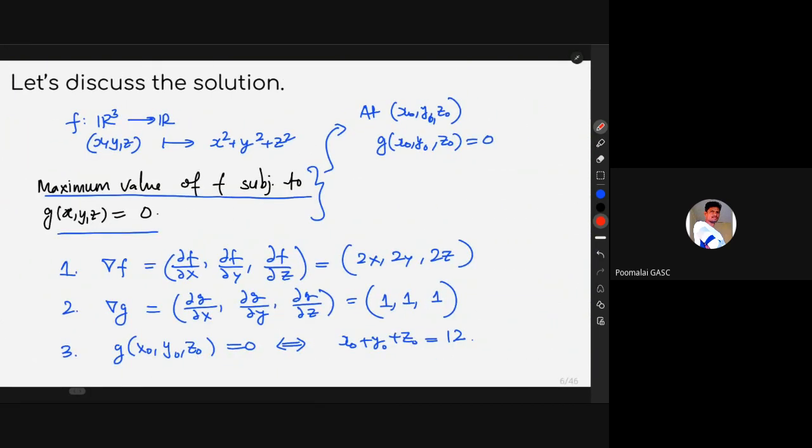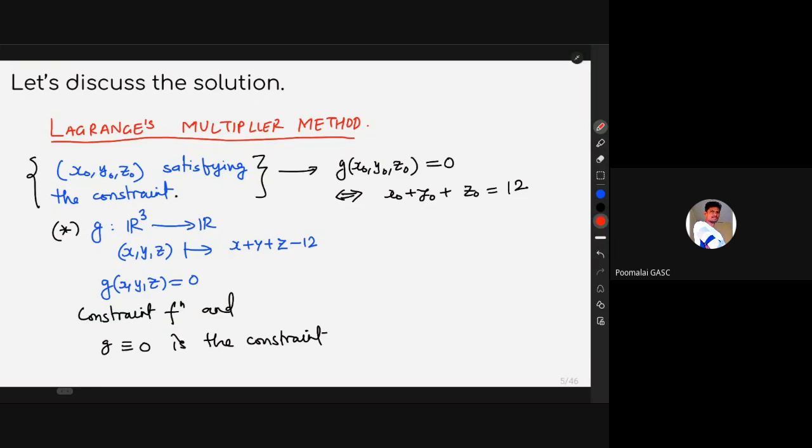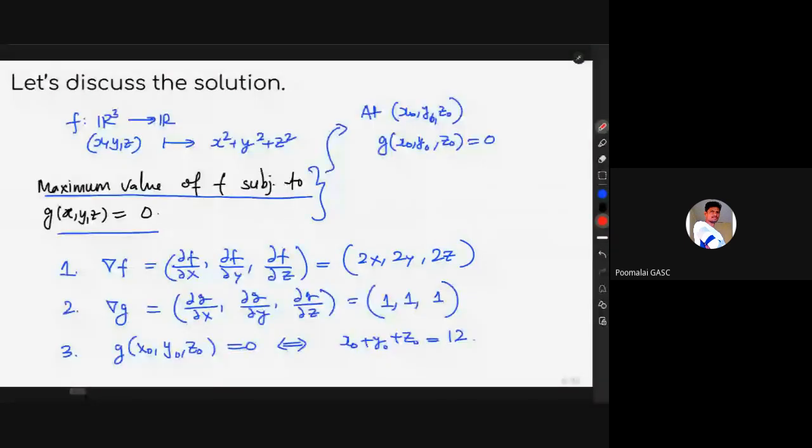Now we follow these 4 steps. First I find out the gradient of f, then I find out the gradient of g. Third step is, if my function attains maximum at x naught, y naught, z naught, then by the assumption that it needs to satisfy the constraint, the value of g at that point must be equal to 0.